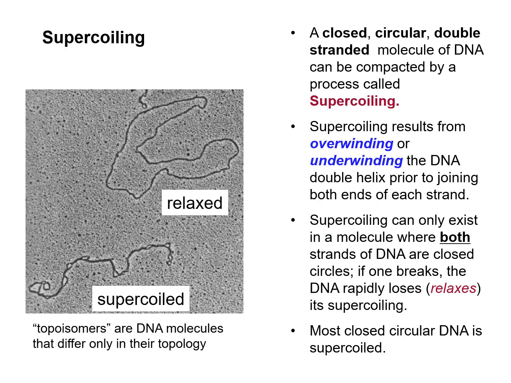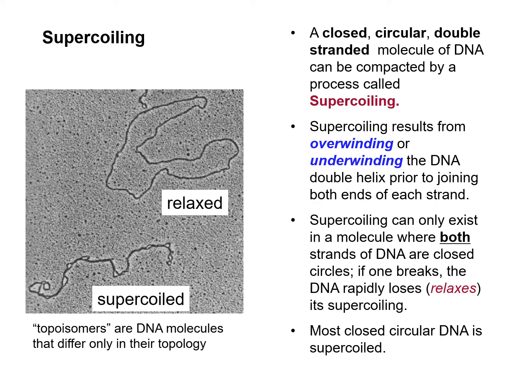And there's a superhelicity that you can see within the DNA, especially when the DNA is circular, and it's also called supercoiling, which makes this kind of supercoiled structure of these circular DNAs. And it's caused by the overwinding or the underwinding of the DNA, and can be released by nicking one of the strands of that double helical structure of the DNA.